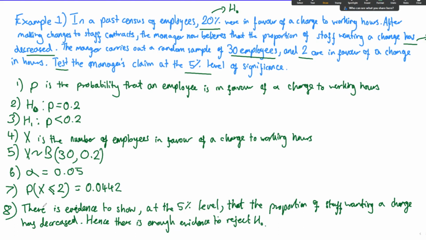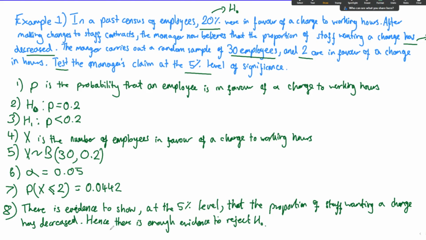And this is the way you always should put your conclusions. So we say there is evidence to show, or there is not evidence to show, and then you say what the significance level is, and then you just relate it to the context, whatever it's asking, and we say there is enough evidence to show that it's decreased or increased, or there isn't.